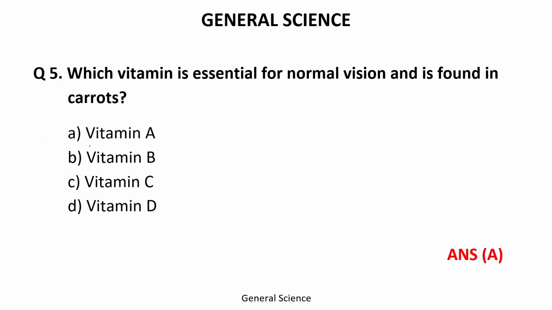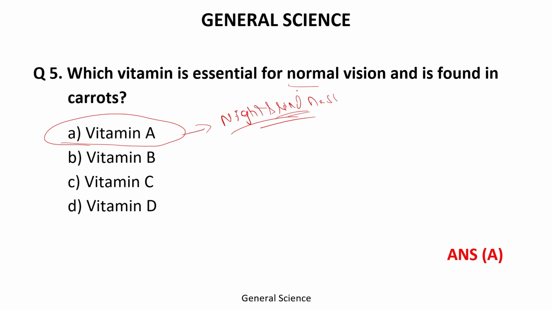Time's up. The correct answer is A. So we can say vitamin A deficiency causes the disease known as night blindness, which simply means that a person suffering from night blindness will not be able to see the things clearly.